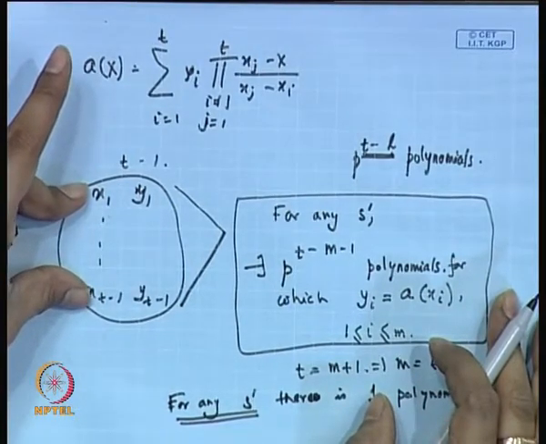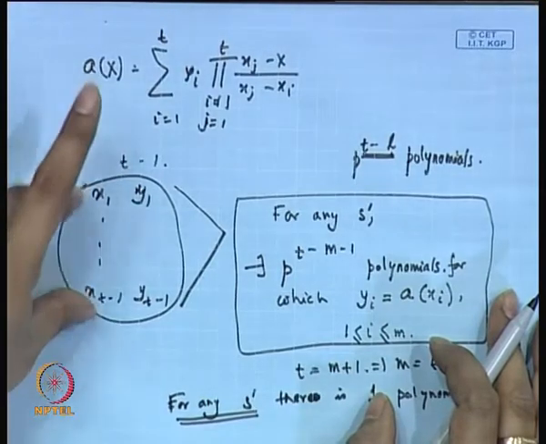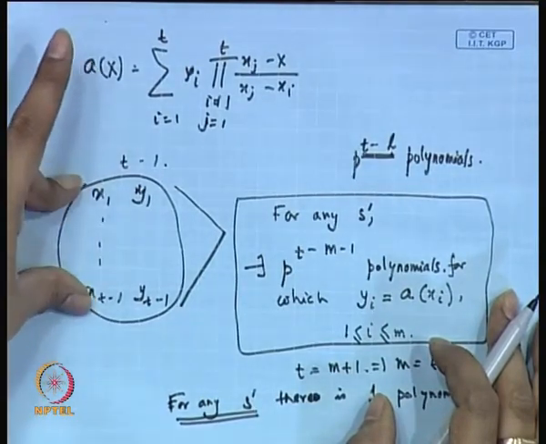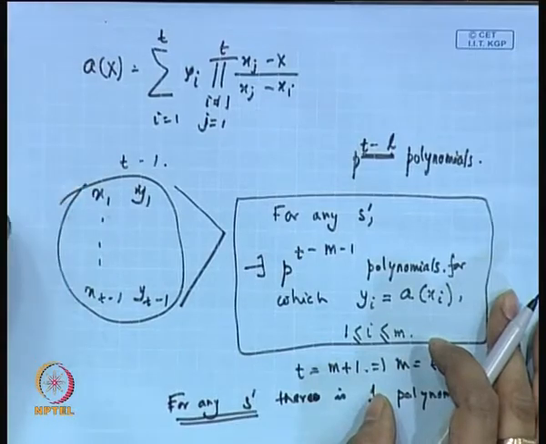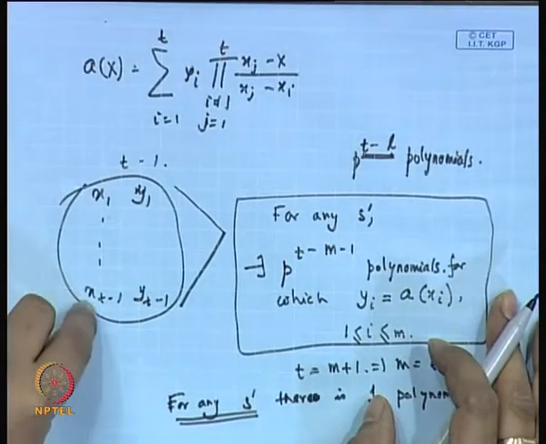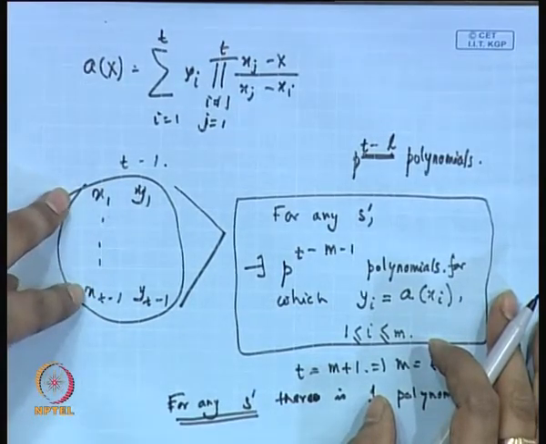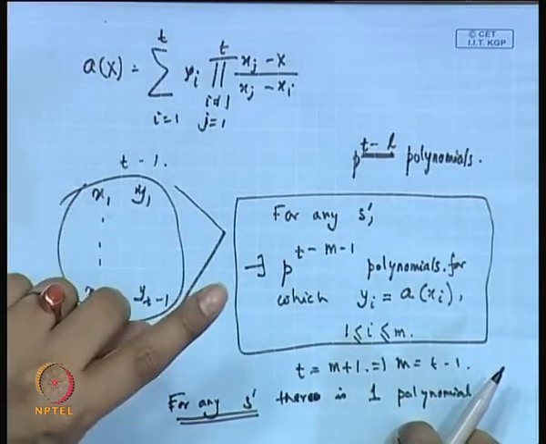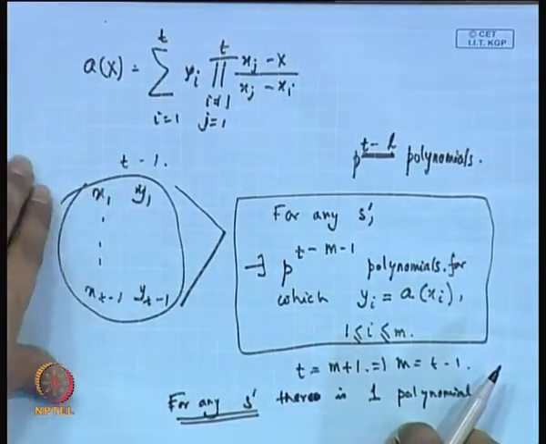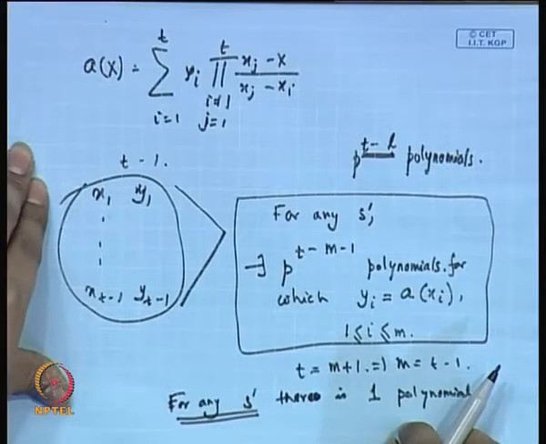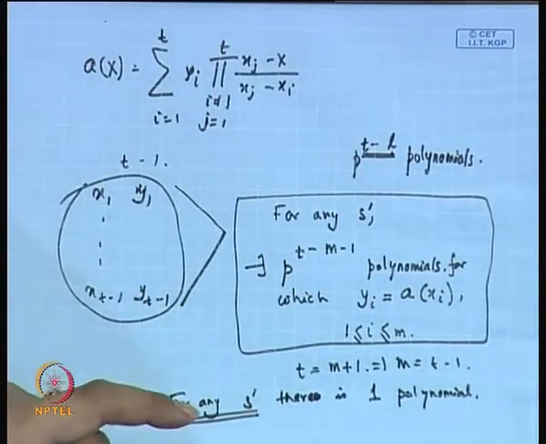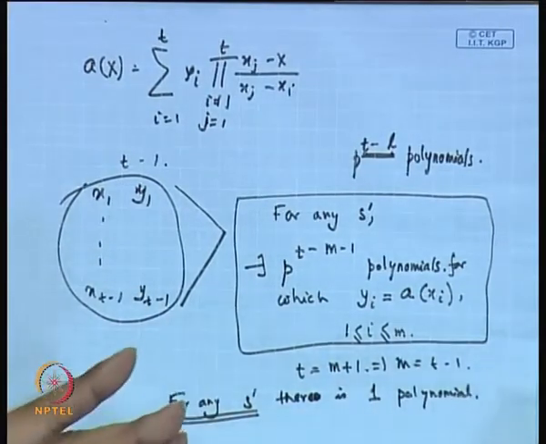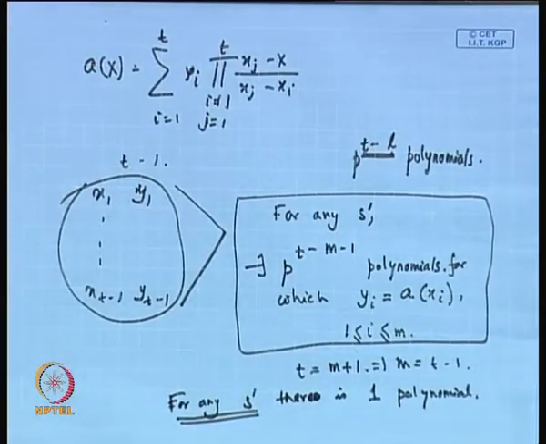So, this is not revealing any information about the actual secret. But if you make the value of m equal to t, then there is only one such polynomial for which this relation holds, and the constant of that gives you the secret. So, that is the basic analysis.